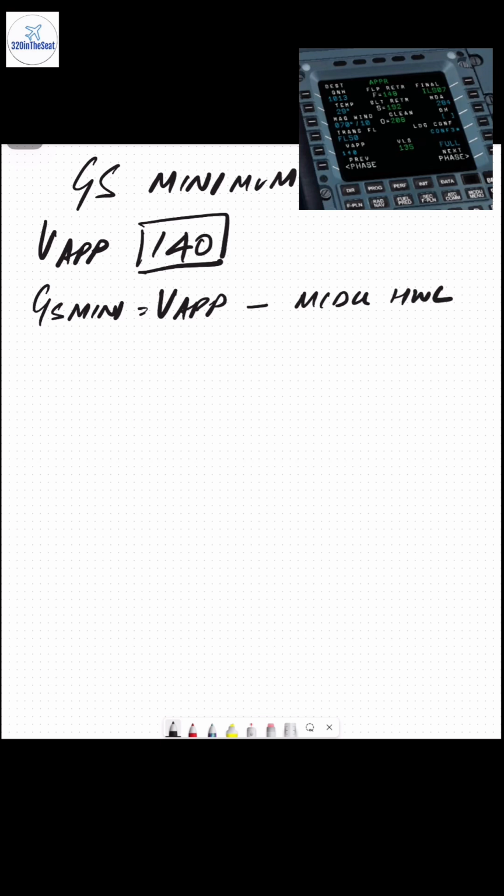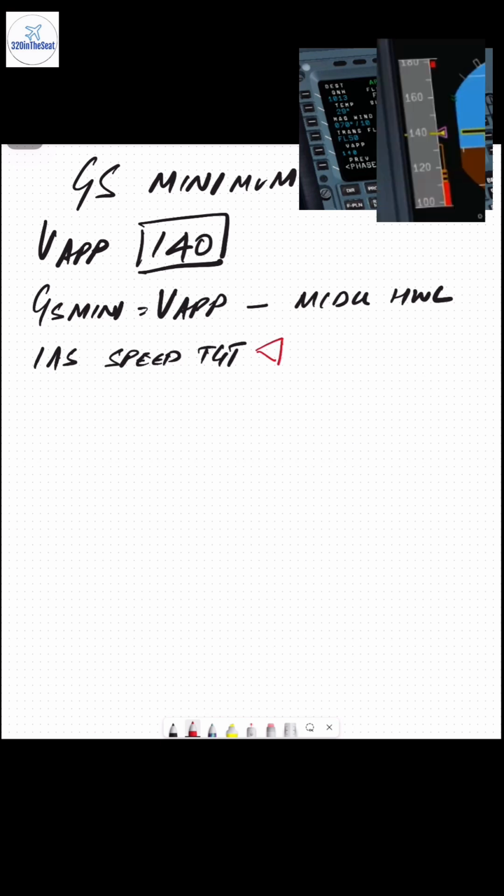The third term is the IAS speed target itself, which is the magenta triangle on the PFD.